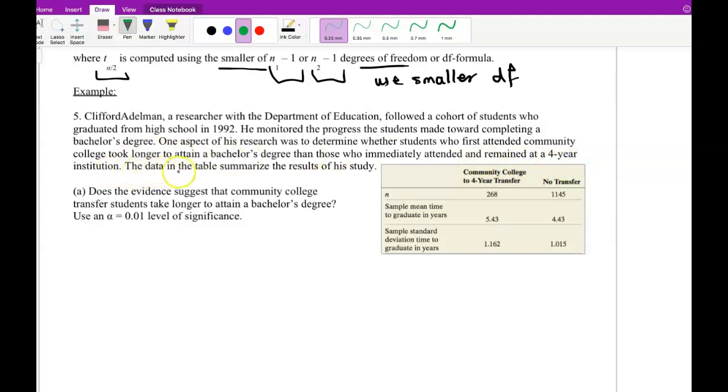Here we have these data. The first group is community college transferring to a 4-year university, and the second group is no transfer. Part A: do the data suggest that community college transfer students take longer to attain a bachelor's degree, using alpha of 1%?